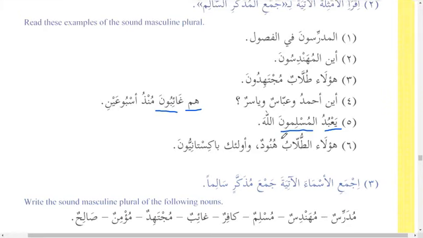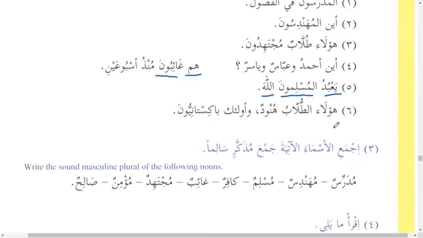It's raf'un, it's fa'il. And lafz al-jalala is the maf'ul bihi. As we know, the verbal sentence consists of minimum two parts, the verb and the subject, and sometimes it also has maf'ul bihi, the object. So here, ya'budu, verb, al-muslimuna, subject, lafzul jalala, object.